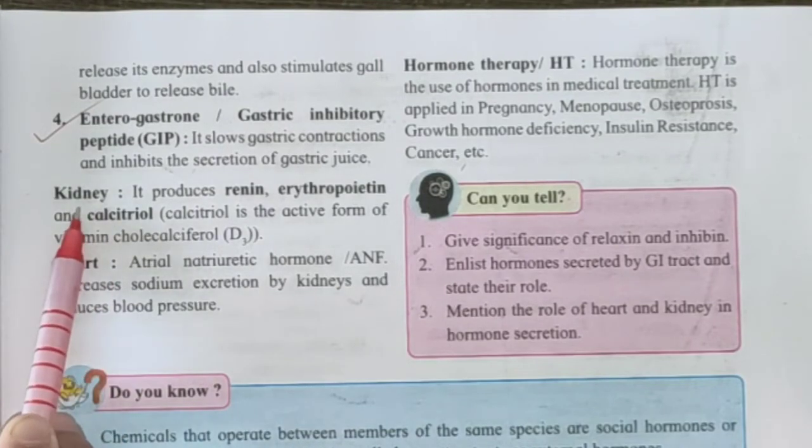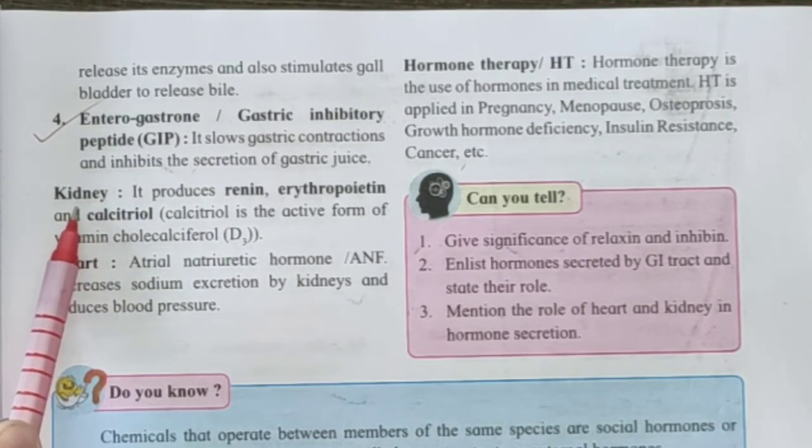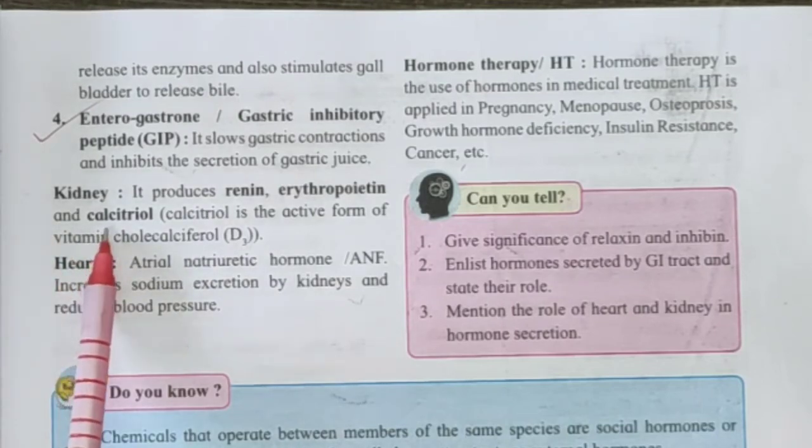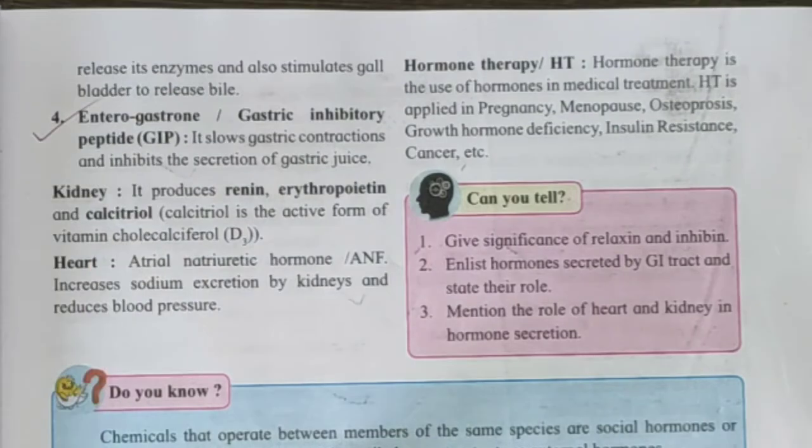Next is the kidney. We already know the kidney produces renin, erythropoietin and calcitriol, and because of these factors the kidney works properly and it forms urine. Next is the heart.